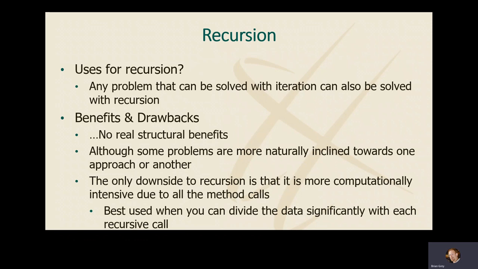But when it comes right down to it, just being able to understand your approach better, as long as it's not too computationally intensive, is good enough reason. So if it makes your approach easier to understand, that is justification enough to use recursion in your algorithm.